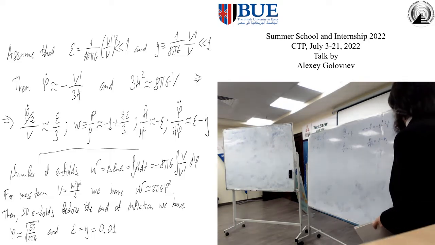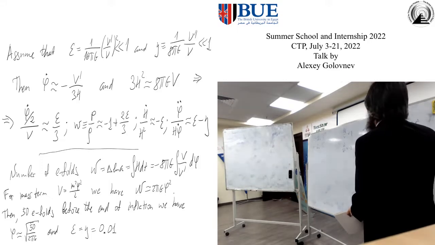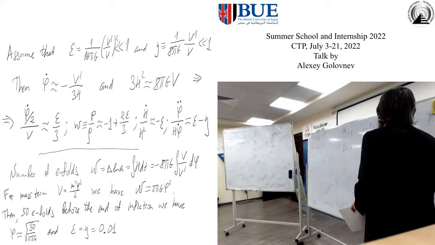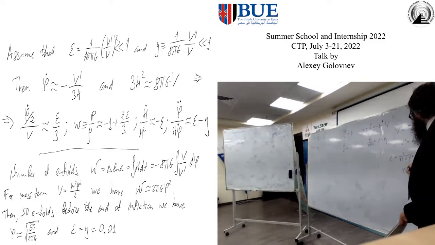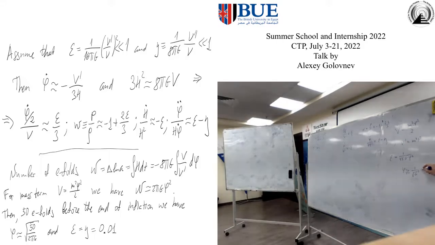Then I substitute it there, and I can see that epsilon would be like 1 over 4 pi G phi squared. Which means that phi must be larger than 1 over square root of G, which is something I can call the Planck mass.